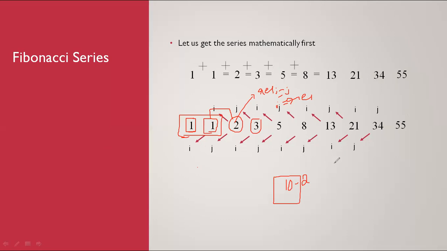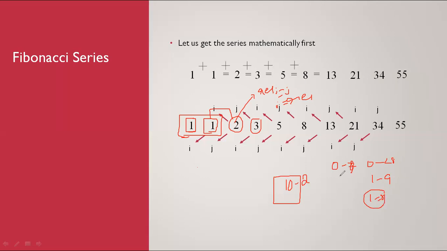So it has to start from 0 to 8, 0, 1, 2, 3, 4, 5, 6, 7, 8. It will go up to 9 times. So it is 0 to less than 8, or 1 to 8, that is 1 to greater than or equal to 8.